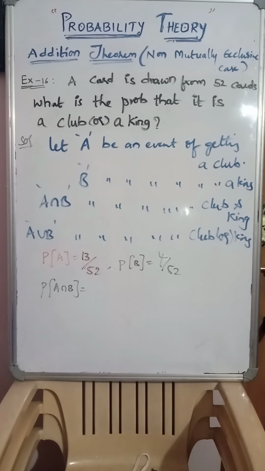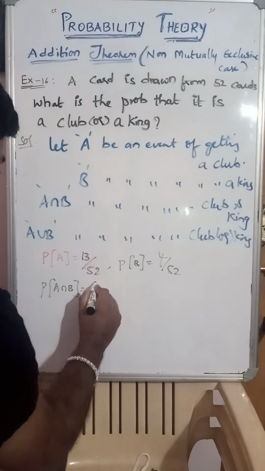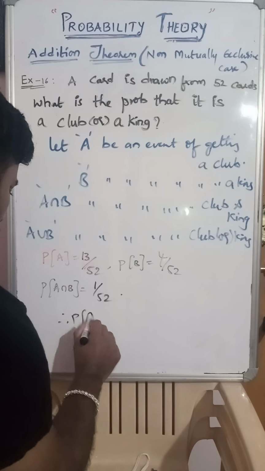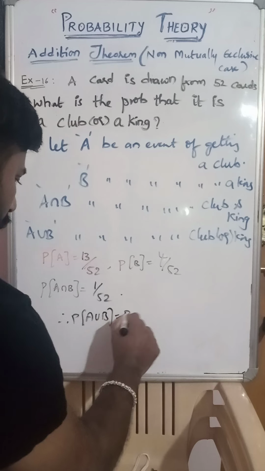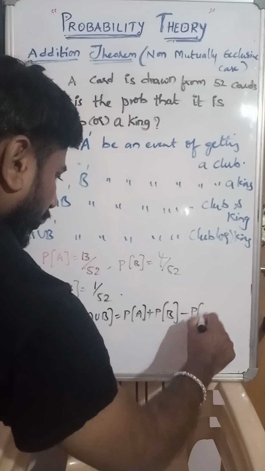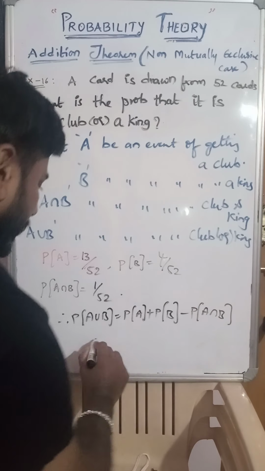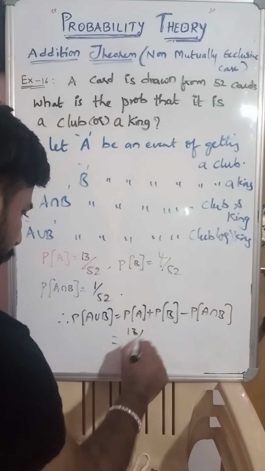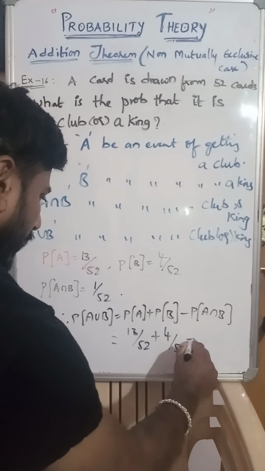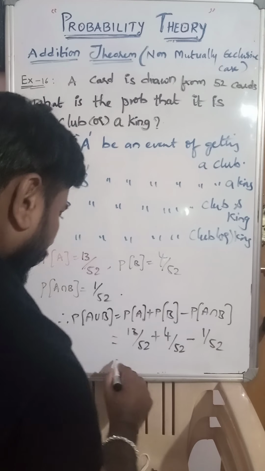Next, P of A intersection B. P of A intersection B, how many? Club and king. In club 13 cards will be there. In that 13 one king will be there. So 1 by 52. Therefore, P of A union B equals P of A plus P of B minus P of A intersection B, because here A and B are non-mutually exclusive. 13 by 52 plus 4 by 52 minus that common 1 by 52.